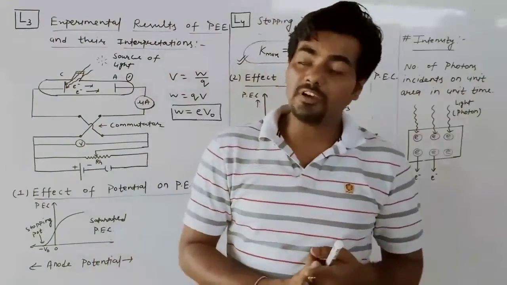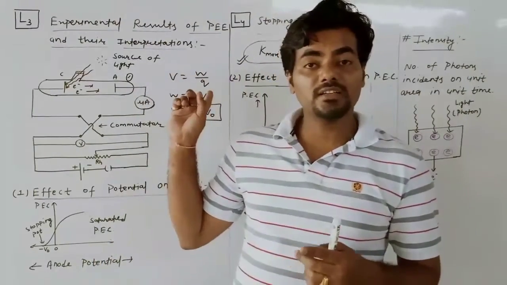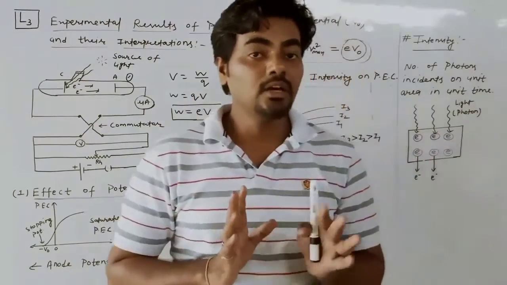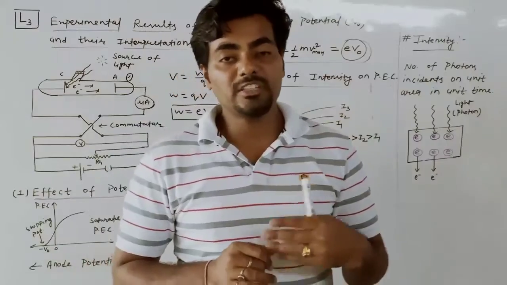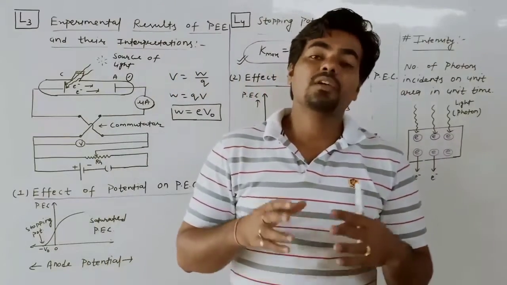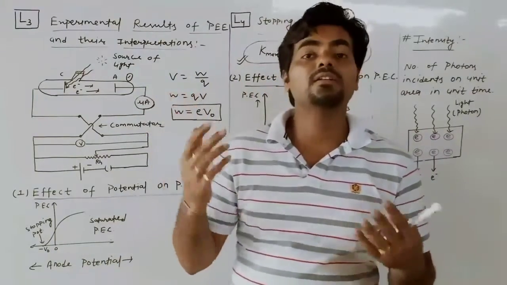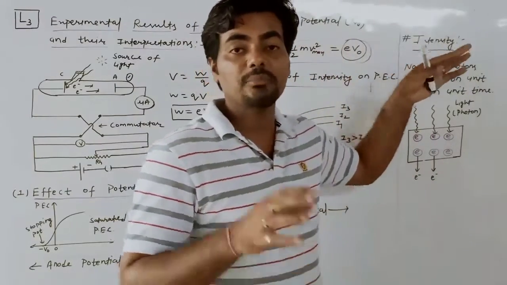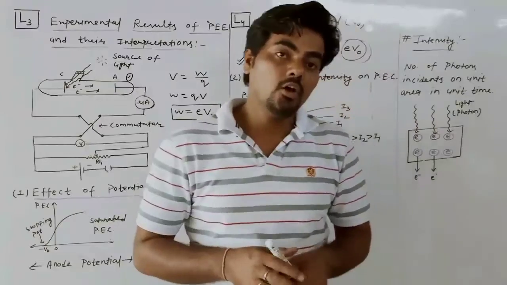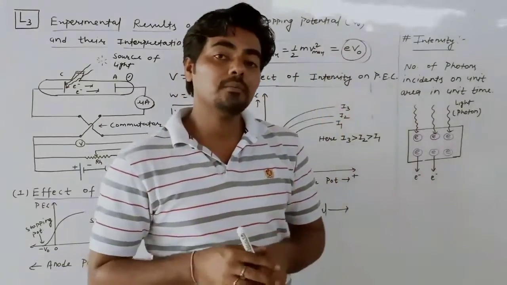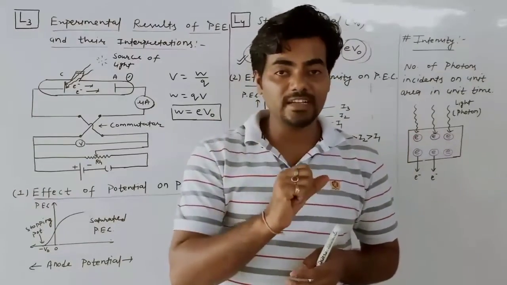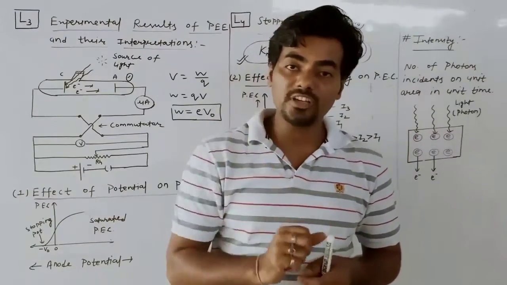But on the basis of wave nature, the photoelectric effect cannot be explained, while on the basis of particle nature, it can be explained. So I am going to explain intensity on the basis of particle nature. Light is made up of small particles, and these small particles are known as photons.